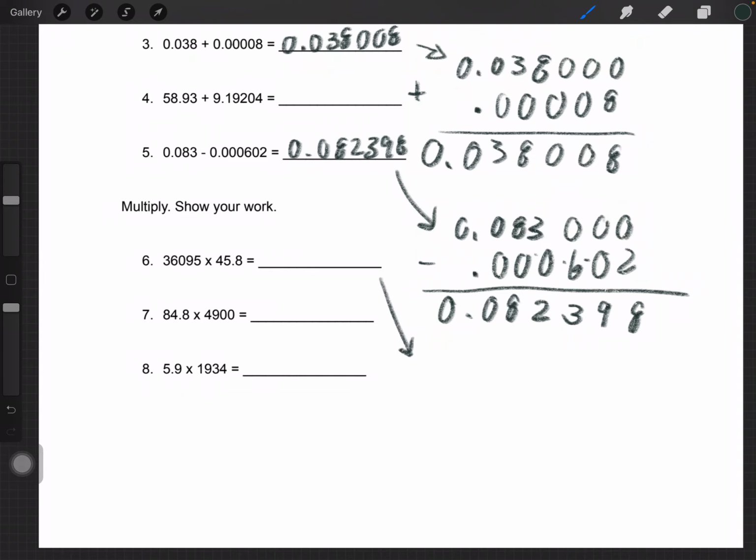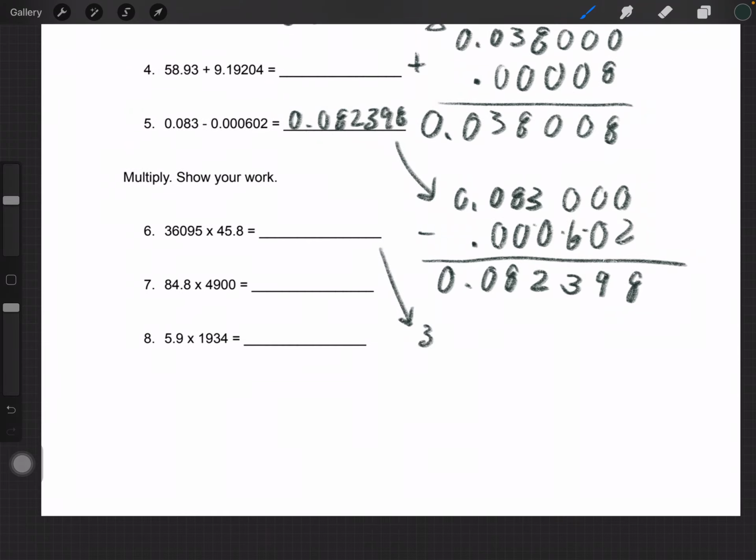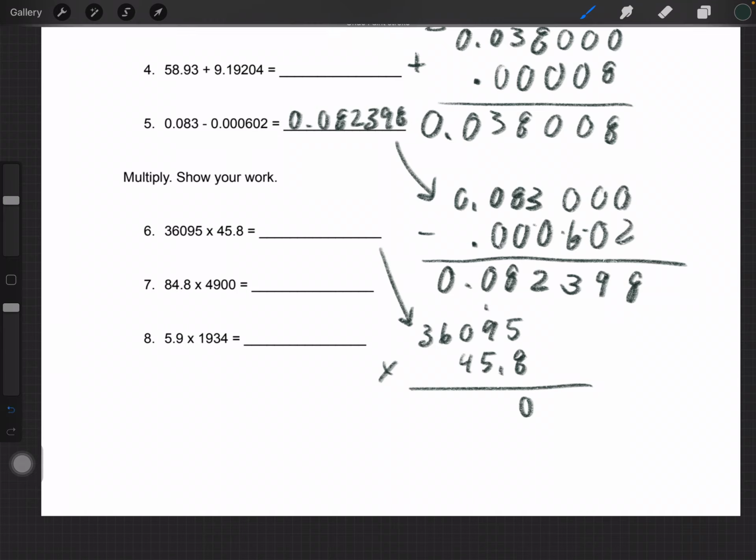Number 6 through 8 is multiplication. Let's do number 6 over here. For multiplication, you do not need to line up the decimal points. The decimal points you will figure out at the end. So 40. Actually, don't put the numbers on top.